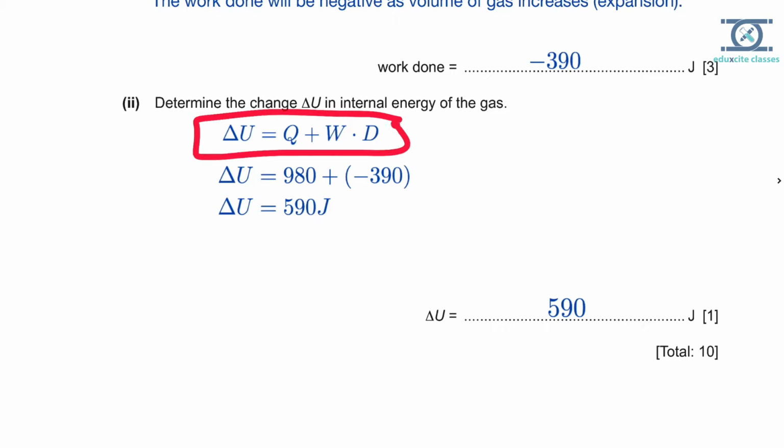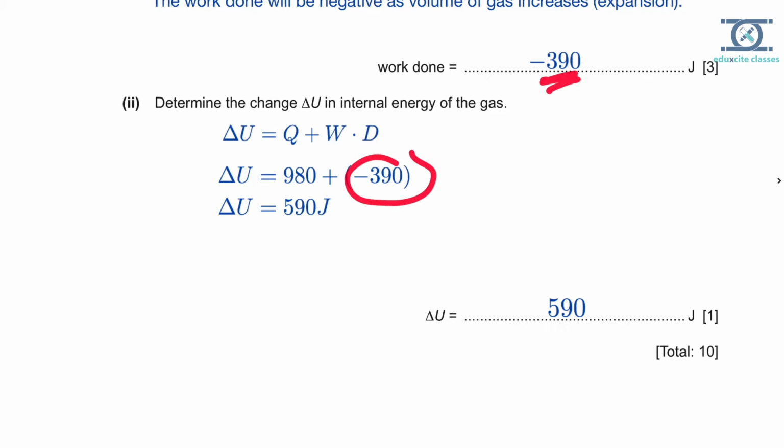Using the law of thermodynamics, change in internal energy equals Q, the thermal energy supplied, plus work done. Here the thermal energy supplied is 980, and the work done will be minus 390 because it is expanding. So you will get 590 joule, and if you have not taken minus, you will get a wrong answer. This is only 1 mark.